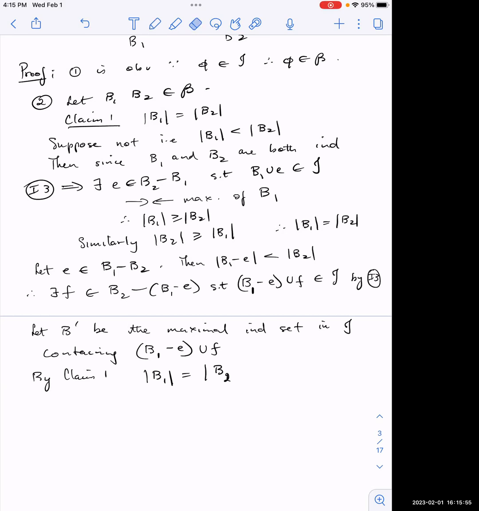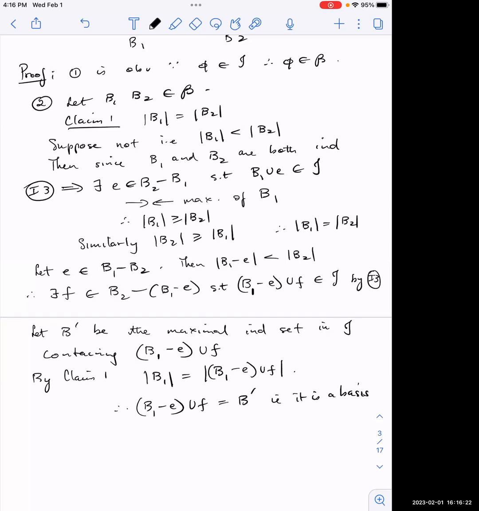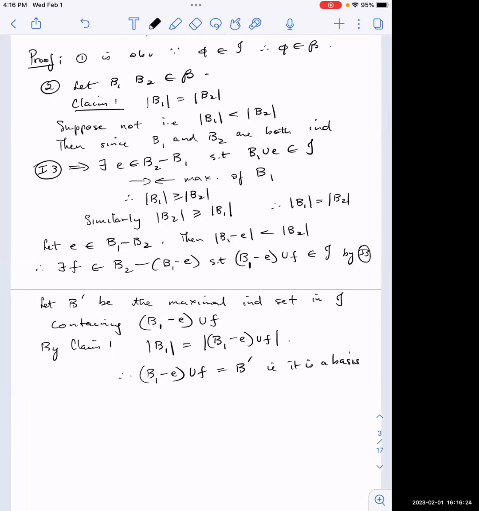So B dash is equal to B1 minus E union F. And therefore, B1 minus E union F is some B dash, right? That is a basis.